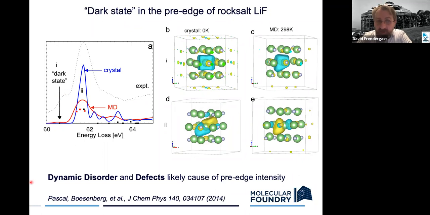So in most materials, dynamic disorder, the materials overall are not disordered. They might be highly symmetric, but on a very, very fast time scale, if you were to take an image of them, all the atoms would be slightly out of place. And so dynamic disorder and those kinds of defects can cause some spectral features that you can look for. It's a very interesting way to learn about dynamics in materials.